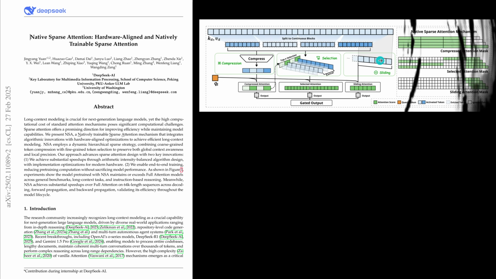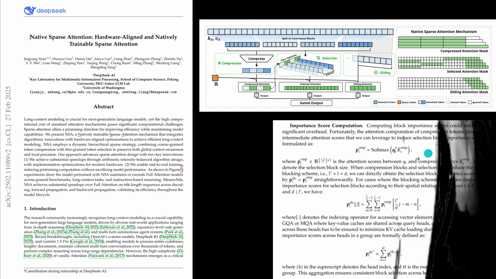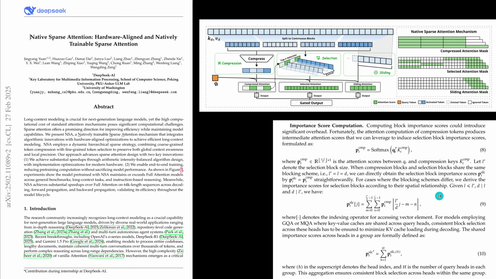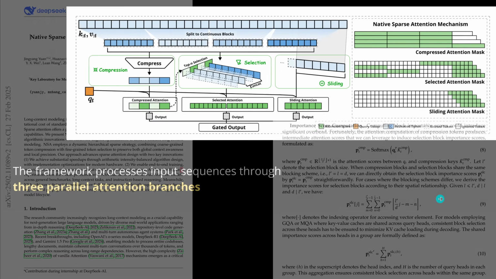You remember we talked about this paper, the NSA, the native sparse attention. So we have an optimization for specific hardware, a co-design. And we talked about the quite different parallel compressed attention, selection attention, and sliding attention mechanisms. And we had a look at the score computation, which was rather easy.